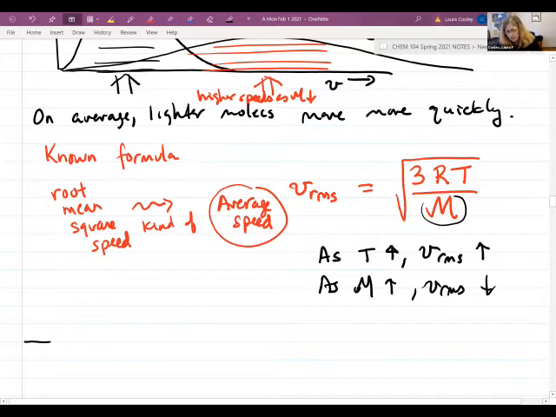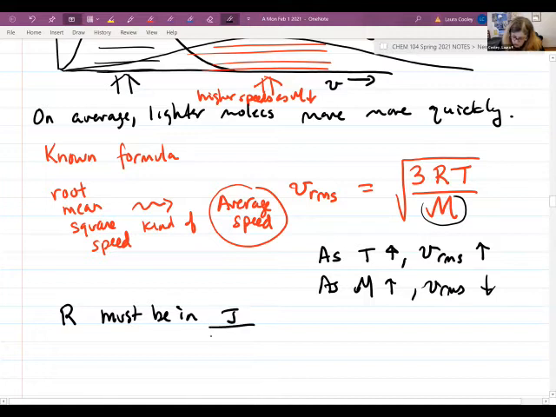We're going to use this formula to calculate the root mean square speed for ammonia molecules a little bit later. This R cannot be in the regular units that we've been using. It must be in joules per mole Kelvin, and that's 8.314.